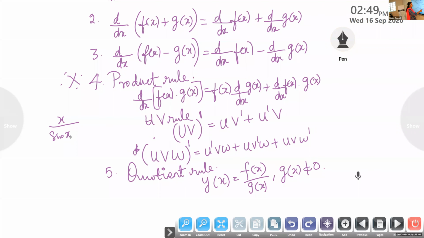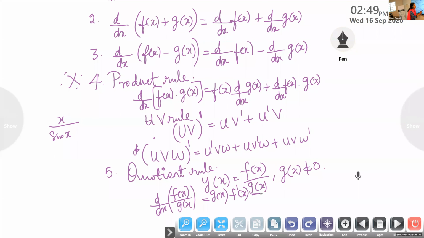So if the function takes the form f(x) by g(x), listen children, d/dx of f(x)/g(x) is equal to: keep the denominator as such, derivative of the numerator f'(x), minus (in product rule we used plus, in quotient rule it is minus), keep the numerator as such, derivative of the denominator g'(x), by g(x) the whole square.